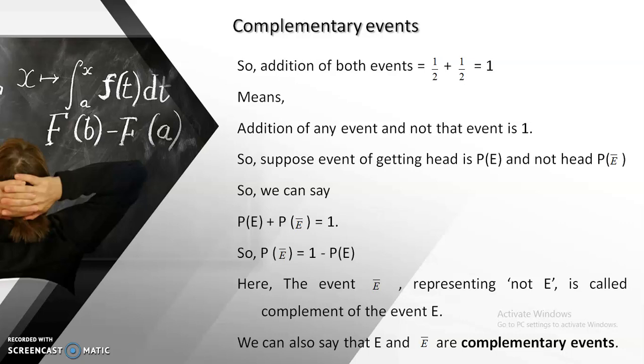So P of E bar, the complement of any event, equals 1 minus P of E. P of E means the probability of any event. Here the event E bar, representing not E, is called the complement of the event E. We can also say that E and not E are complementary events.